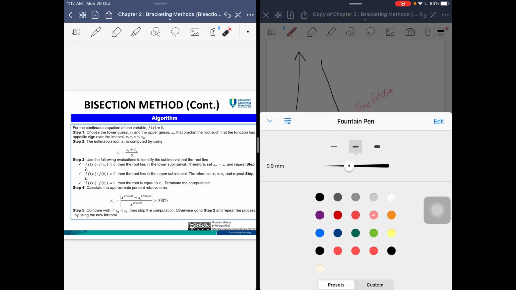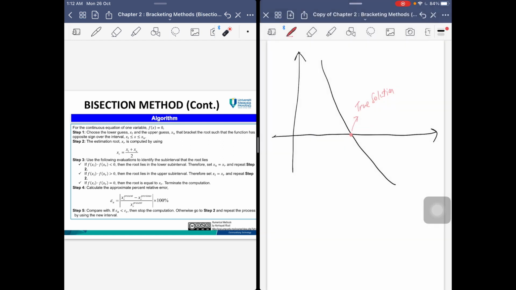So now we have to decide XL and XU. We choose XL somewhere here, and here is our f(XL), which gives us a positive value. Then we decide this as our XU, where we get f(XU) as a negative value.